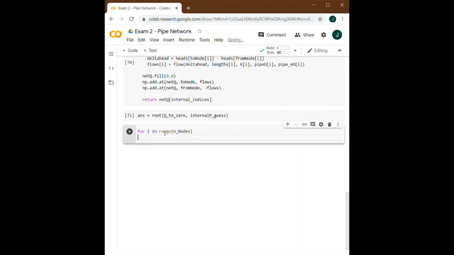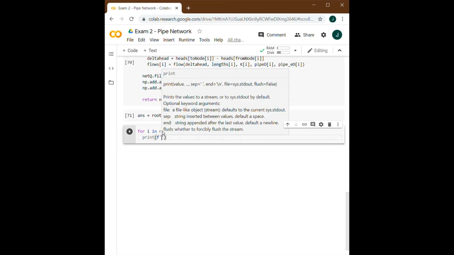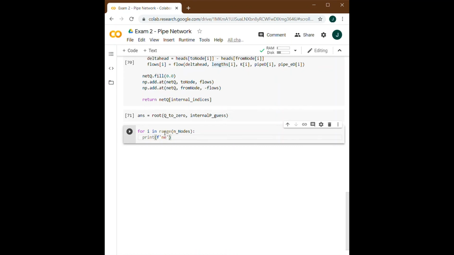So for i in range n nodes, oops, forgot the colon, we're going to print f net q, space, curly bracket 1, then another curly bracket net q i, 9.5f.